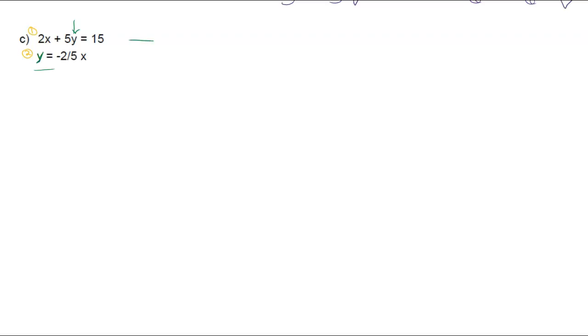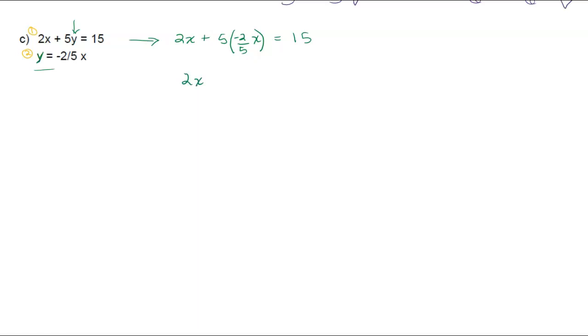So we'll have 2x plus 5, and I'm going to open a set of parentheses big enough for negative 2/5 x, is equal to 15.